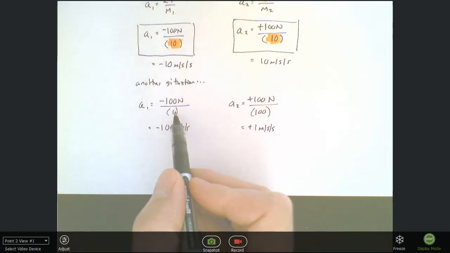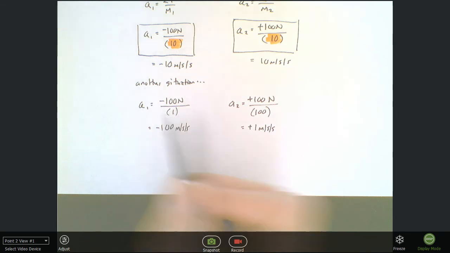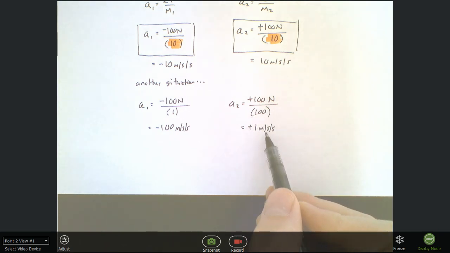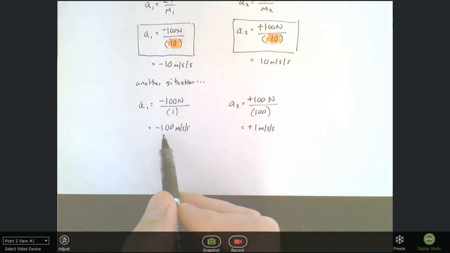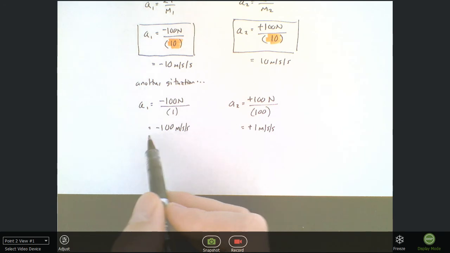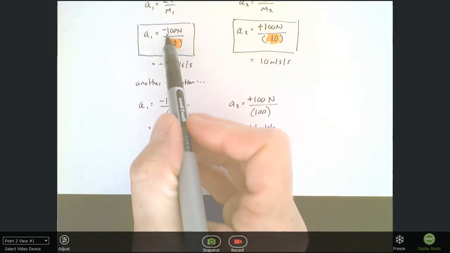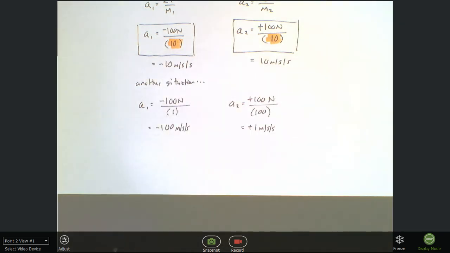If one person is extremely light and the other person is extremely heavy, when they push off, the heavy person will accelerate very slowly in one direction, and the other will accelerate much faster backwards. So you can get the idea of how important mass is. But the key understanding here is that the forces are identical between the two objects. They just point in the opposite direction.